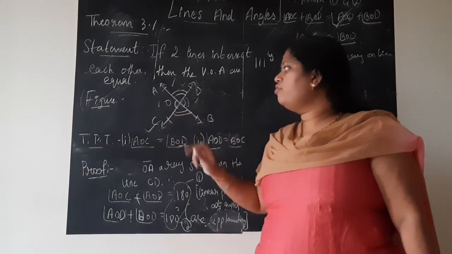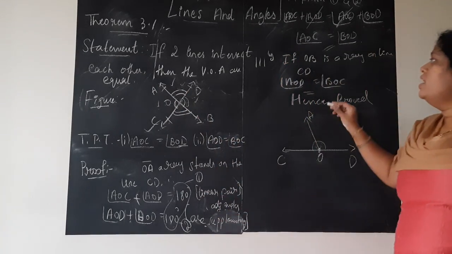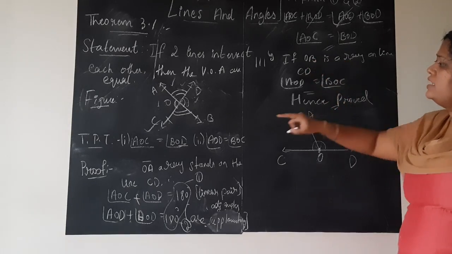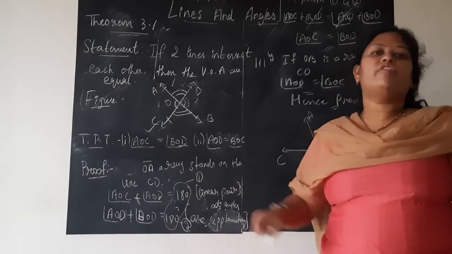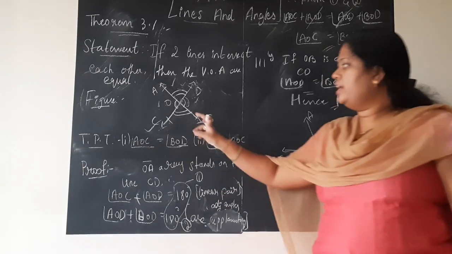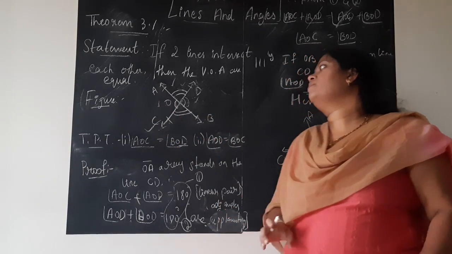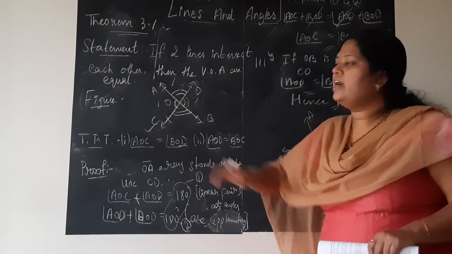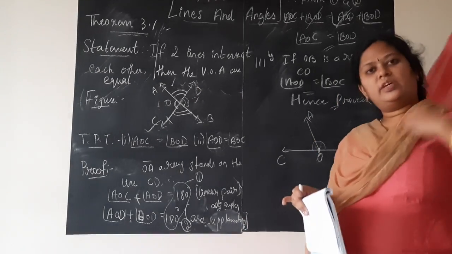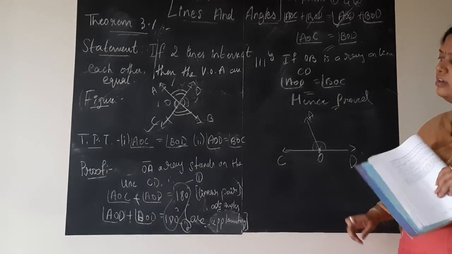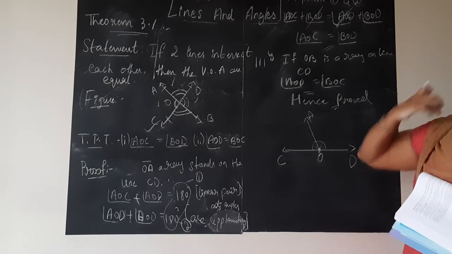For the other pair of vertical angles also, children, if you consider OB as the ray standing on the line CD, again these two angles form a linear pair. You will follow the same steps, only the ray will change.